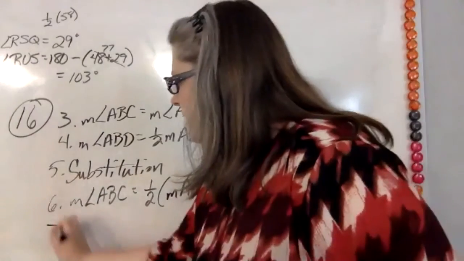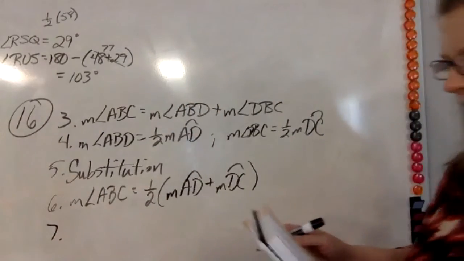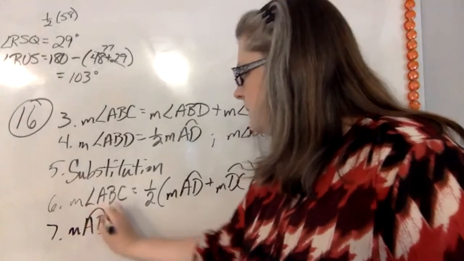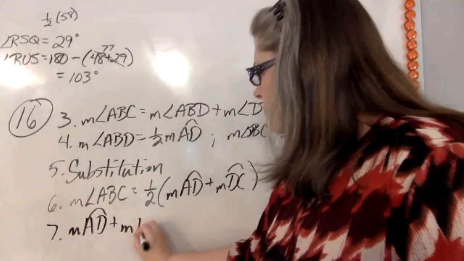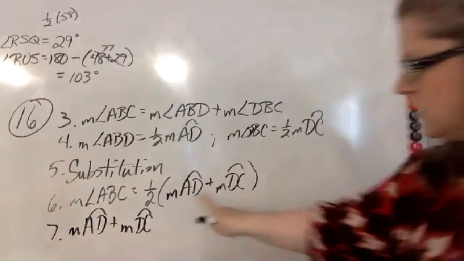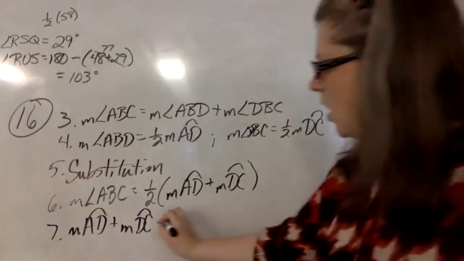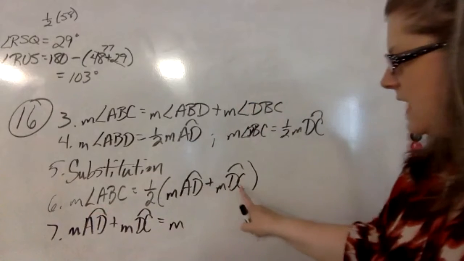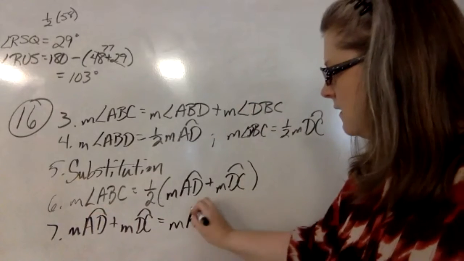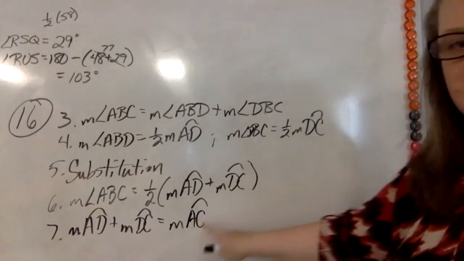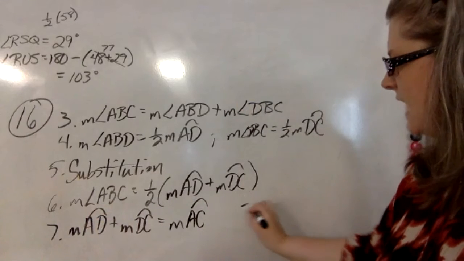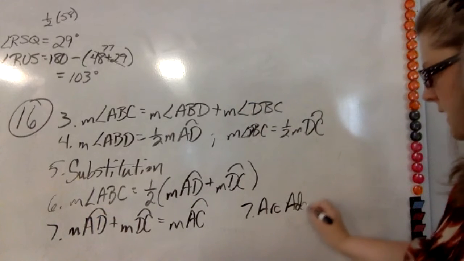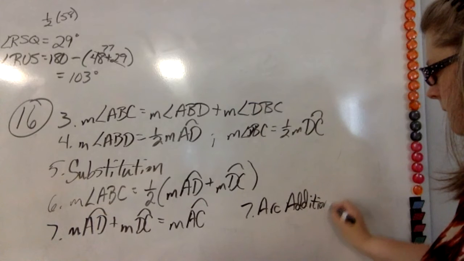Now, for number 7, they're saying that the measure of arc AD plus the measure of arc DC, that's the 2 arcs added here, are going to be equal to the measure of arc AC. Because the 2 smaller arcs add to equal the whole thing. And the reason for that is arc addition postulate.